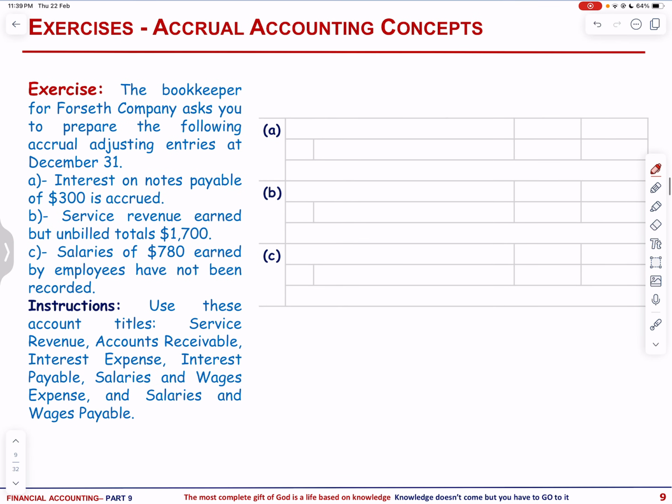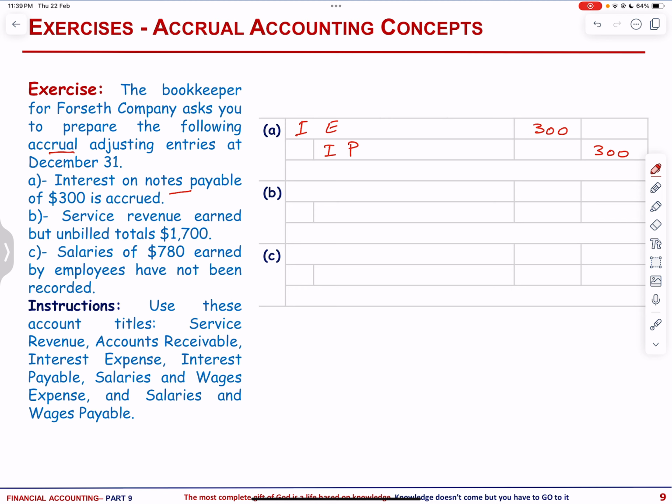The bookkeeper of Forsyth Company asks you to prepare the following accrual adjusting entries. At December 31st, interest on notes payable of 300 is accrued. If it is accrued, that means interest expense is debit by 300, and interest payable is credit by 300.